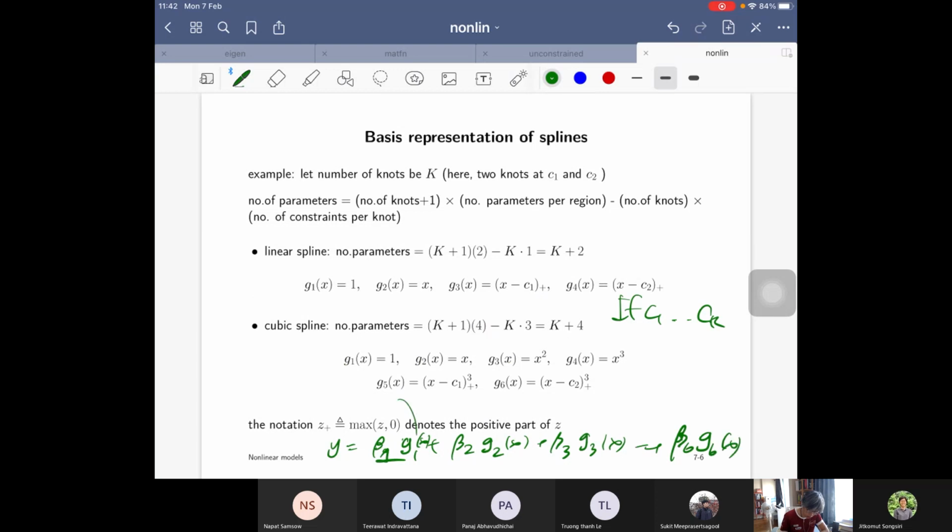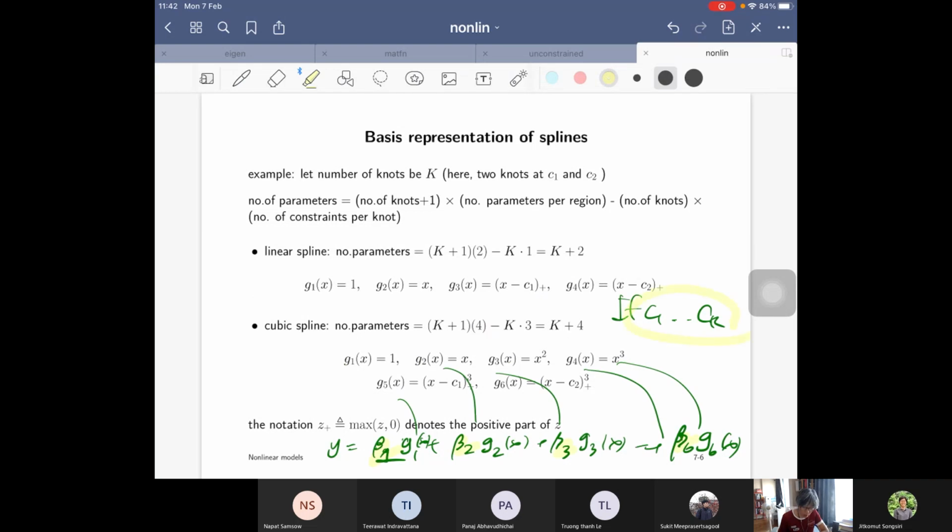I just plug in the basis functions of my cubic spline, and then I solve for beta k using linear regression.